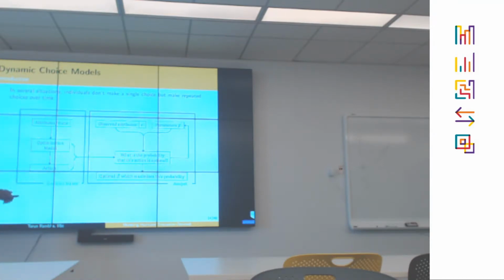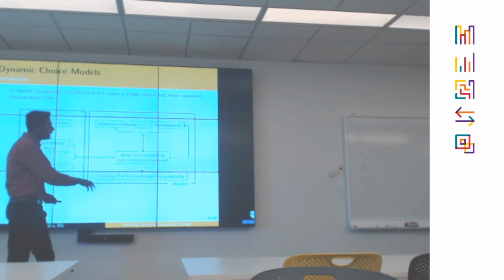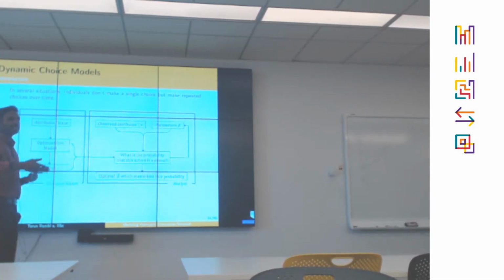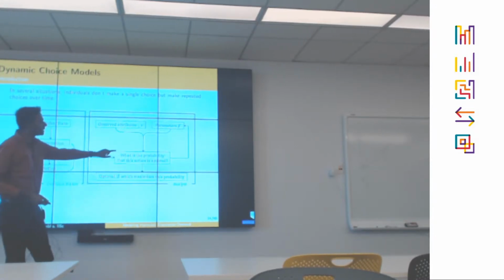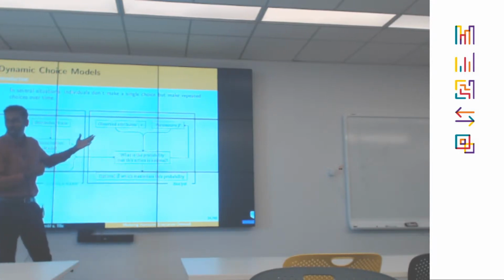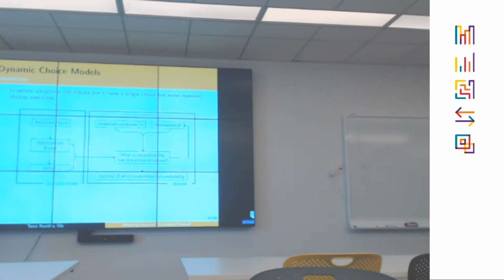Let's say the analyst also uses an MDP. The analyst can figure out what's the probability that I see that exact series of actions. And once I have those probabilities, I'm going to tweak these parameters again and again to maximize that probability, just like how we saw in the case of static models.